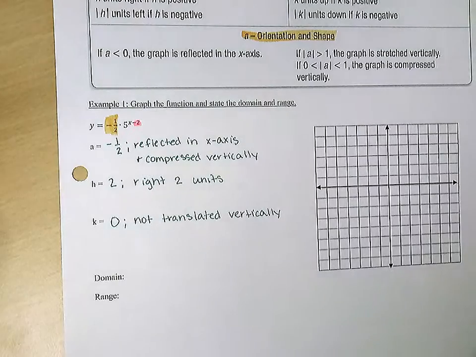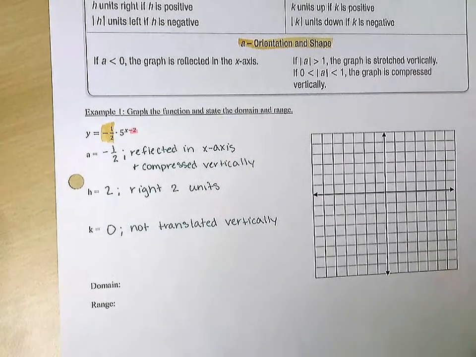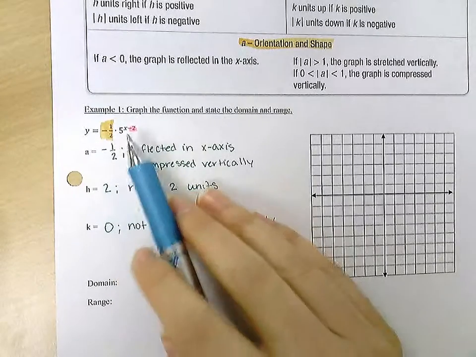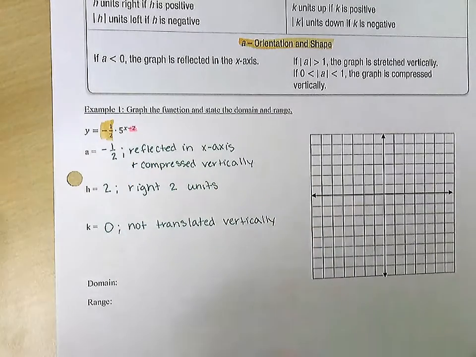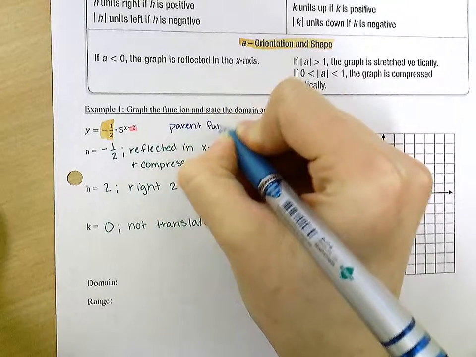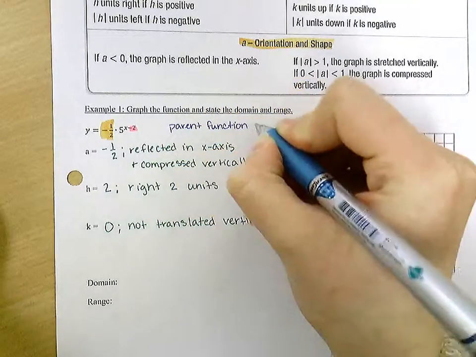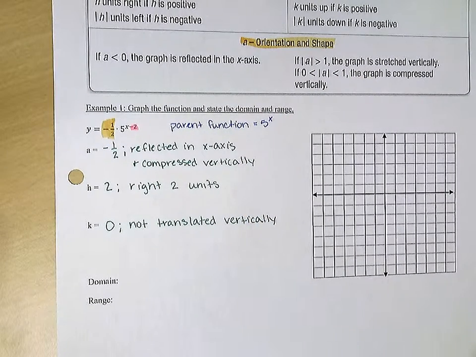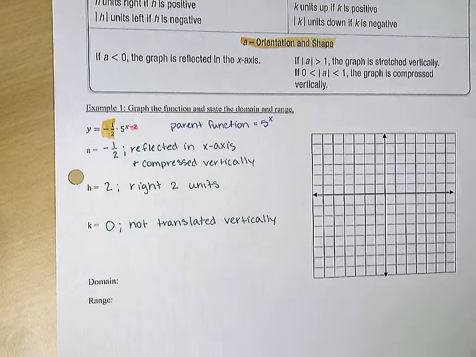All right, so our parent function in this first example is 5 to the x. So 5 to the x power is our parent function. I'm going to graph that with a dashed line so we just know where that parent function is.